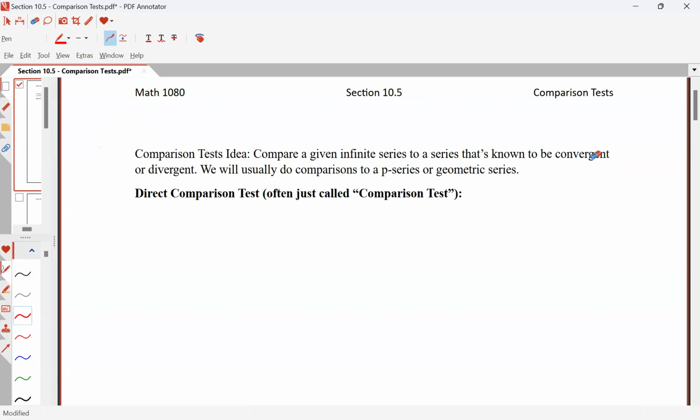The direct comparison test, the first one we're going to look at, is the same as the integral comparison test. It says, suppose we have a series an and a series bn that both have positive terms.